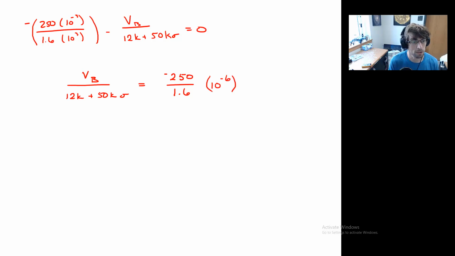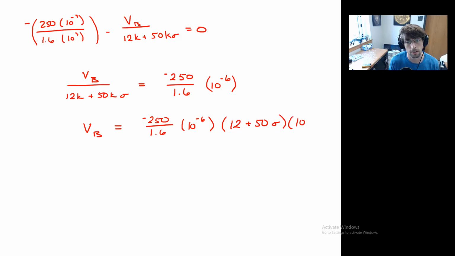Okay. Which means we have some final equation that tells us VB is equal to negative 250 over 1.6, 10 to the negative 6th times this 12 plus 50 sigma, and I'll go ahead and take that kilo and write it as 10 to the 3rd here.